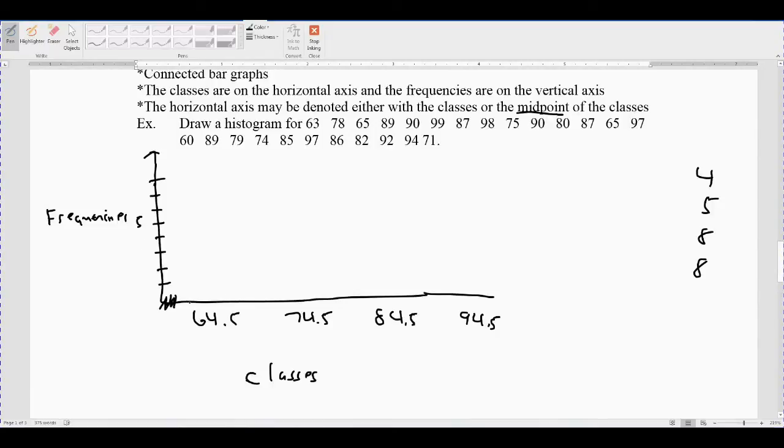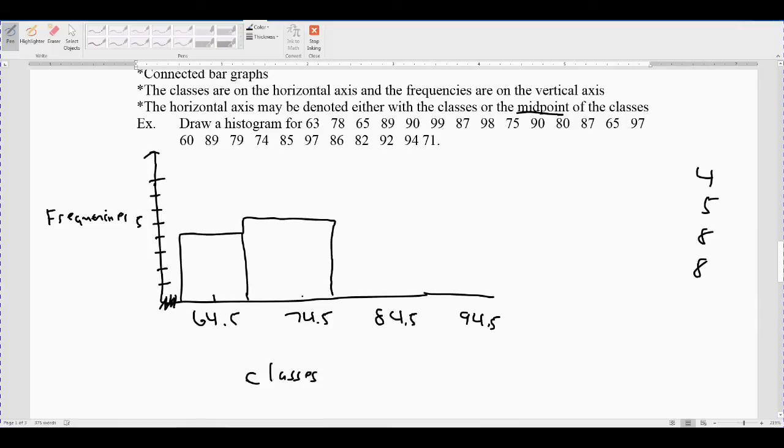Since this is the midpoint, we're going to try to get this in the middle of our bar. So it goes up to 4. Something like that. And the next one is a 5. So we're going to start here, go up 1, and then go over.